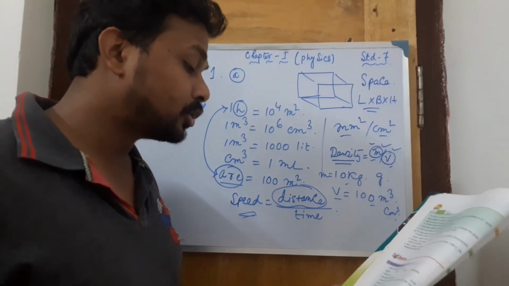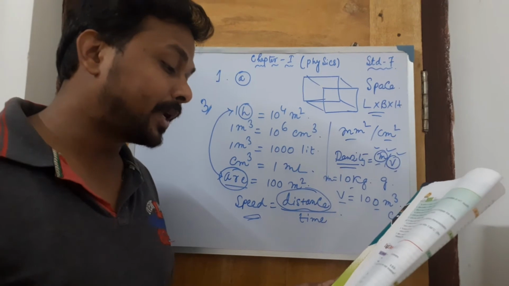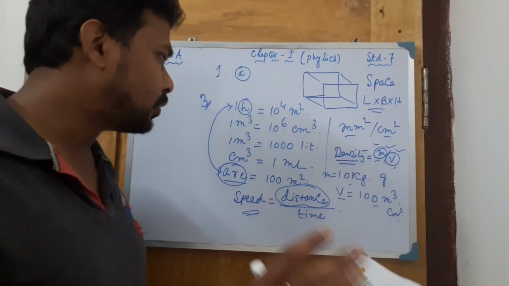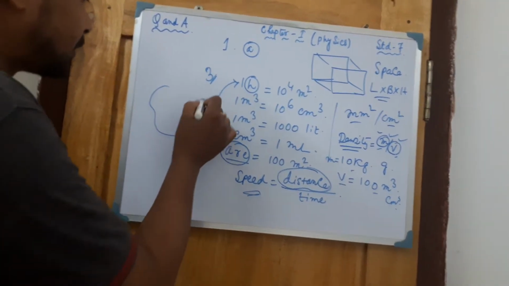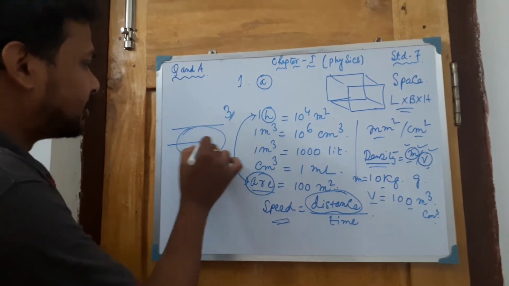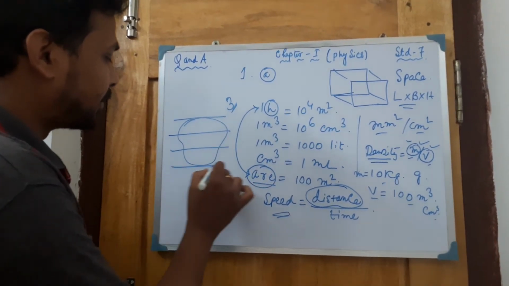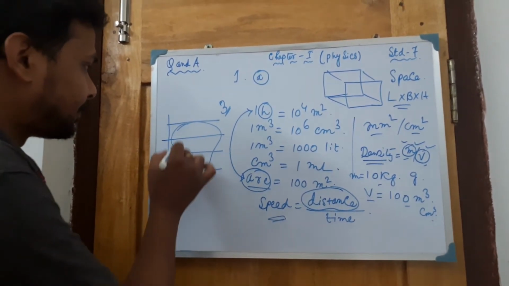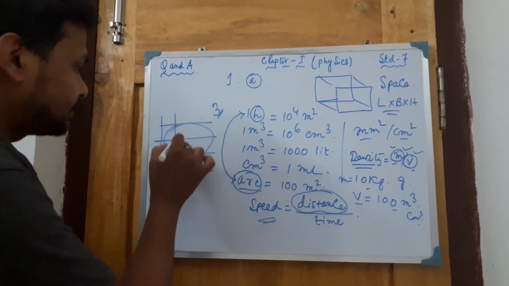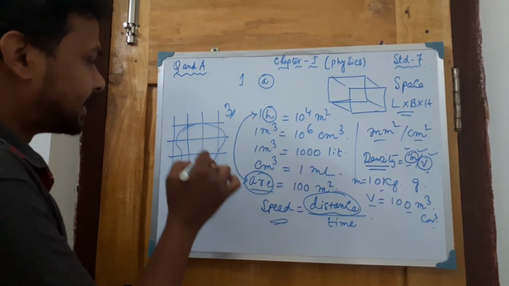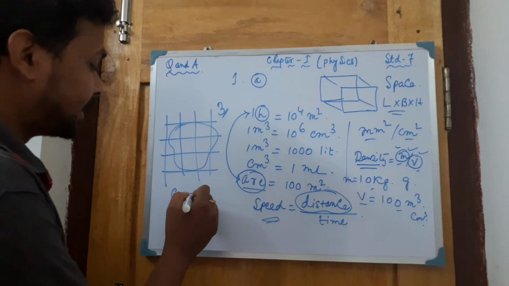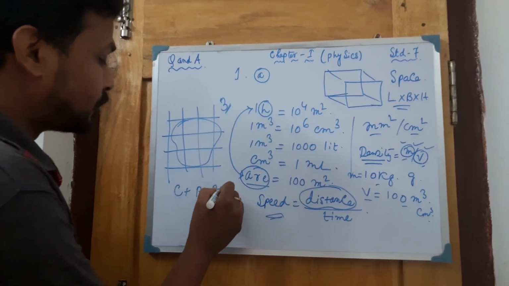Long answer type question: describe the method to approximate the area of an irregular body. I told you that one. Suppose you take an irregular body, then you make a grid in this way, of the same length squares. Then one formula is there, (C plus P) into 0.5.